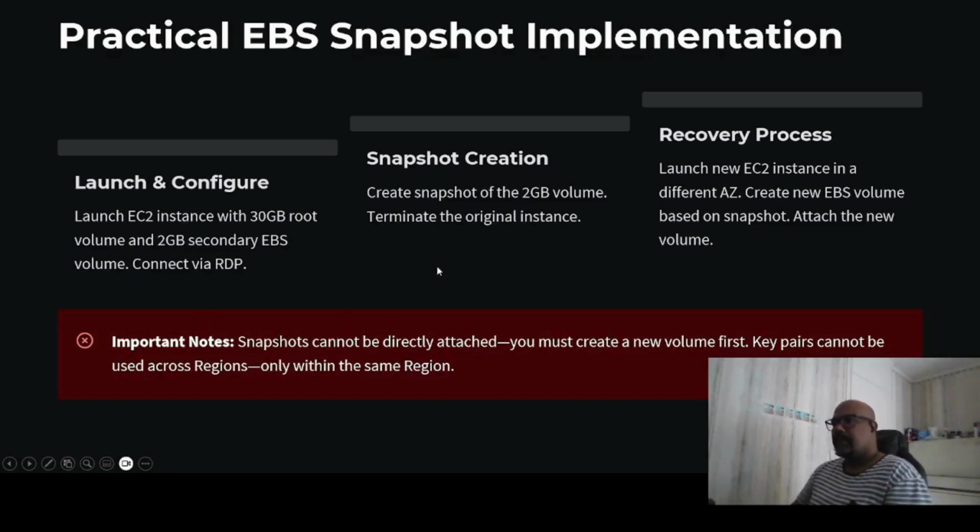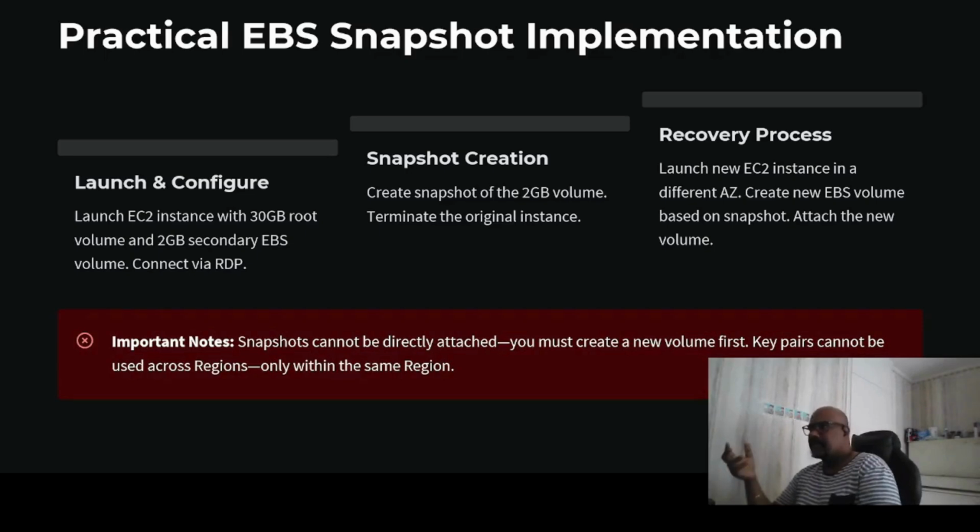In this demo, what I'm going to do is launch a Windows EC2 instance. Then I will attach an EBS volume and store some PDF files on the volume.